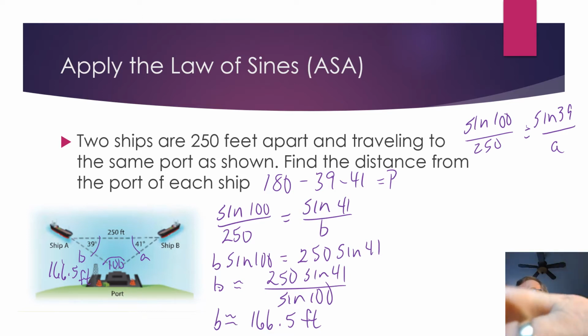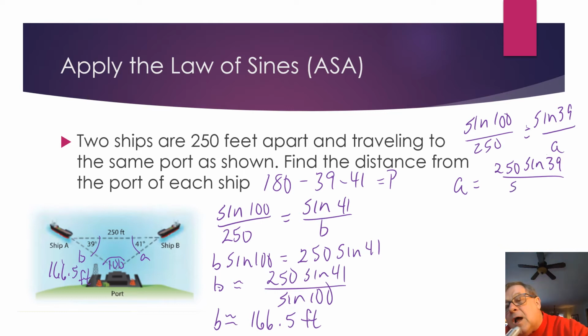And after we cross multiply, if you don't mind, I'm going to shortcut this a little bit, where A is going to equal 250 times the sine of 39 divided by the sine of 100. Make sure you follow me on that. So A is approximately 250 times the sine of 39 divided by the sine of 100.